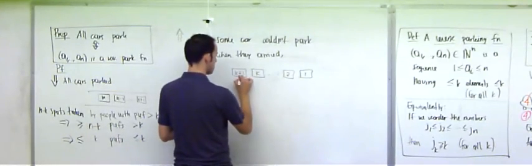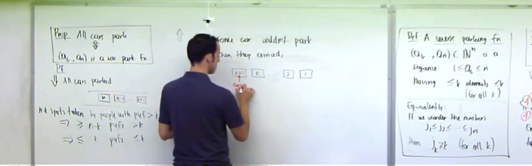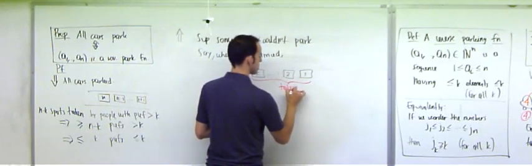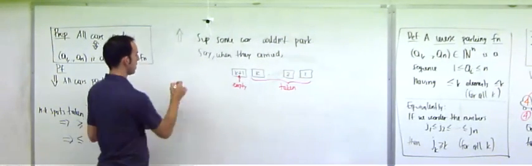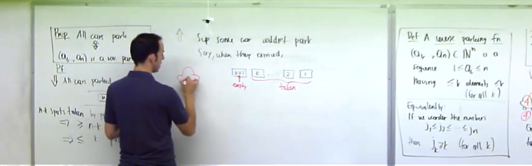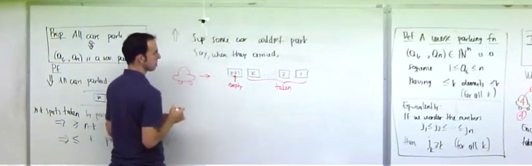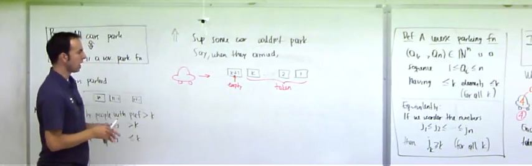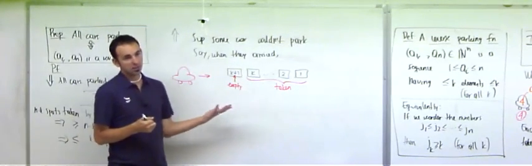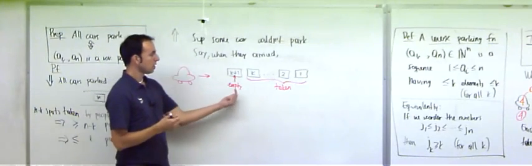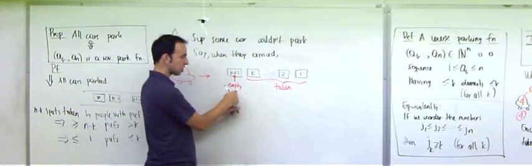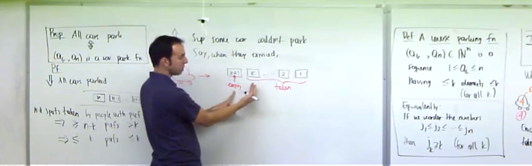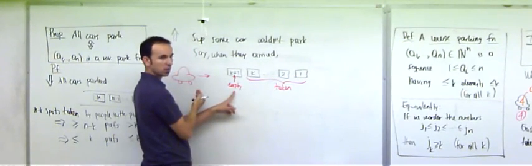Empty, and all of these are taken. Okay, and this car comes in, it's trying to park, and this car could not park. How could that be? Well, because this spot is empty, that means that none of these cars wanted a spot bigger than k plus 1.